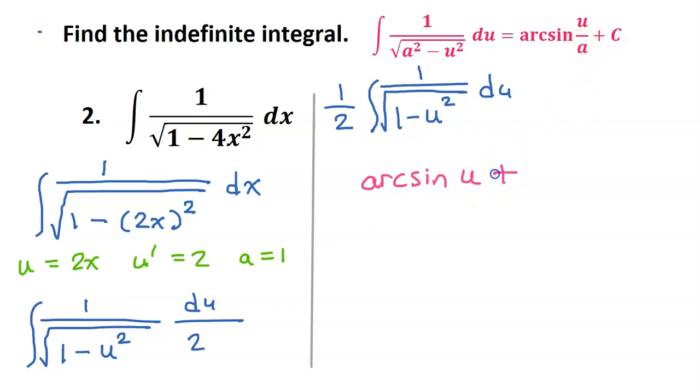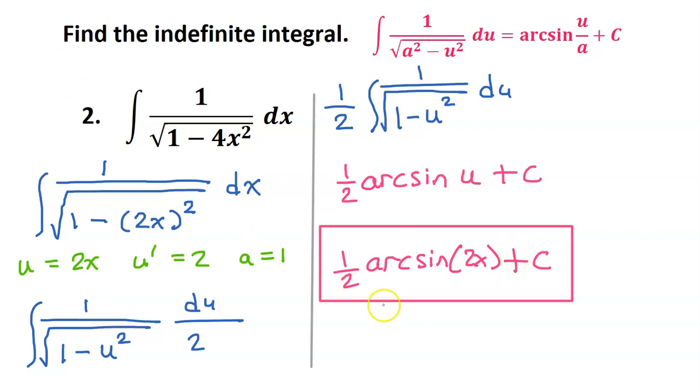Plus c, and don't forget the 1/2 that we have in the front. Now let's substitute 2x back in for u, and I have 1/2 arcsine of 2x plus c. So this is the answer to problem number 2.